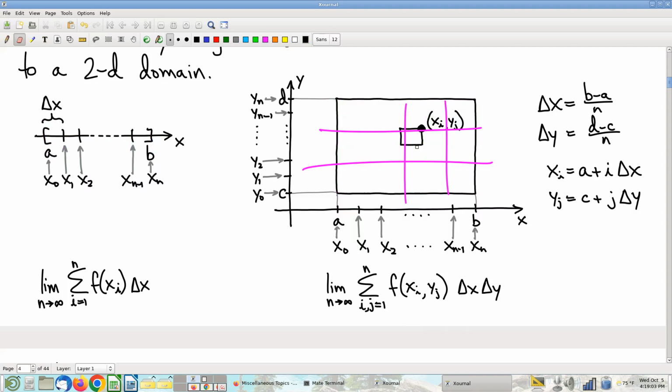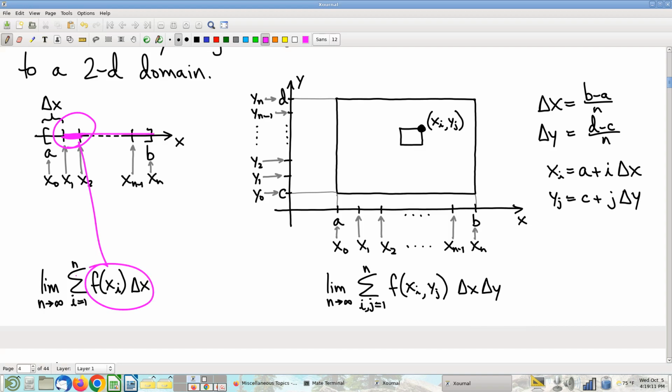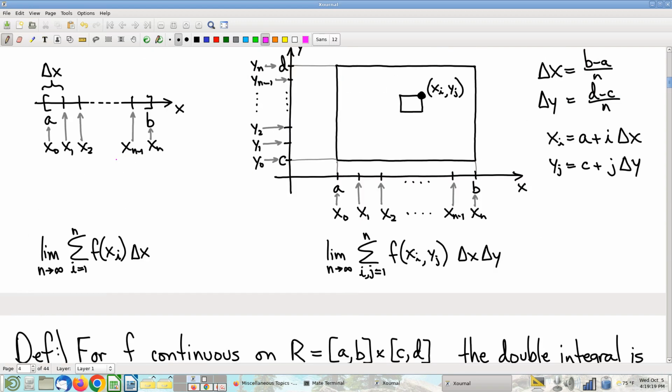On each little piece, like a little piece of the x-axis over here, there are various things you might want to write down. On this little piece, why would I want to multiply some function times delta x? Well, maybe I'm computing the area sitting over this, and it's height times width.